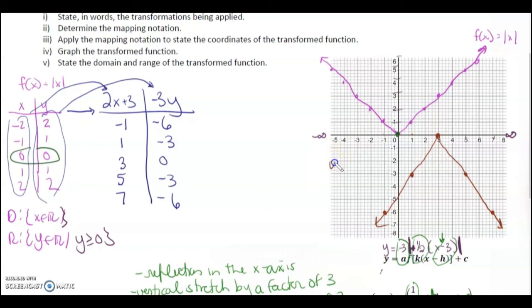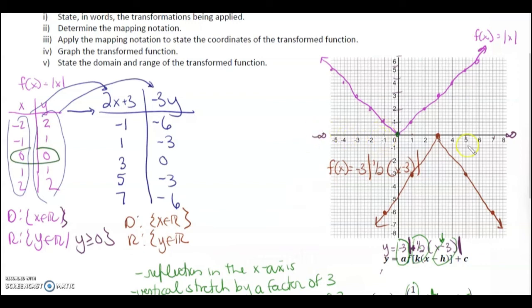Okay, and this is y, or f(x), equals -3 absolute value of 1/2 x minus 3, right there. Okay, so when we set up the domain and range, we want to do x ∈ R, y ∈ R. So very similar to a quadratic, x ∈ R always stays.